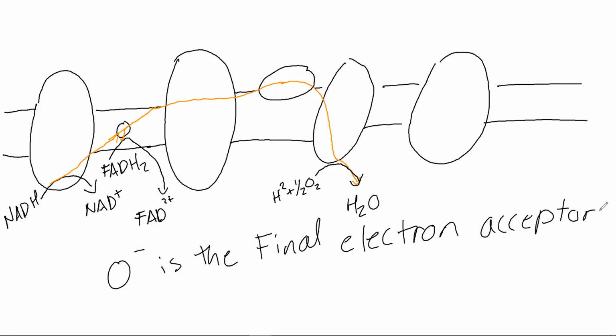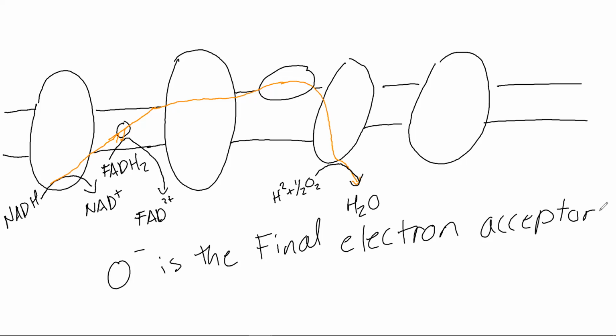What does this mean? It means when that oxygen meets that electron, it'll form H2O, and now that electron has made its way into water. And this is where we produce water from cellular respiration.